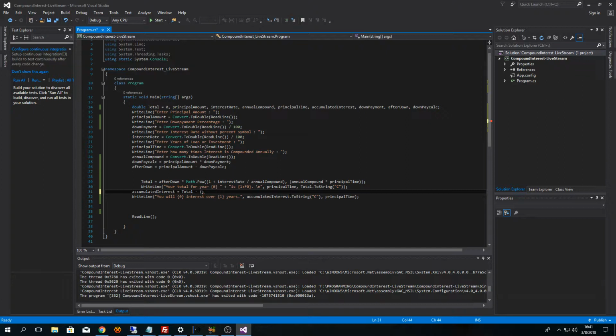We want principal amount minus, because total is how much you're paying after interest and down, or paying in interest after down payment.